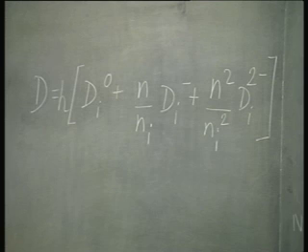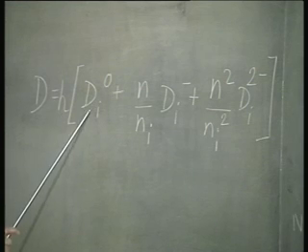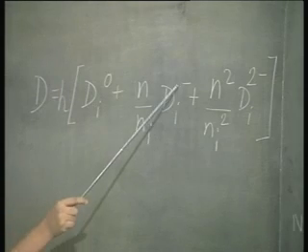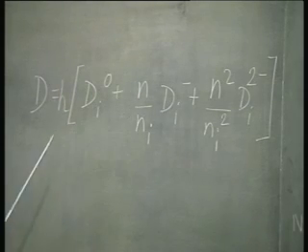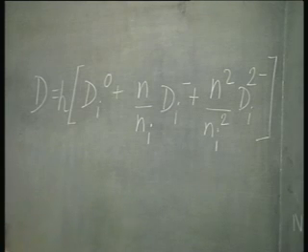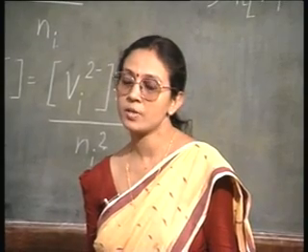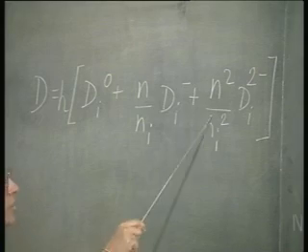In case of phosphorus, the diffusion coefficient is given by this, that is H, the field enhancement factor, then I have Di0, then I have Di minus multiplied by n by ni, and then I have Di2 minus multiplied by n square by ni square. Therefore, near the surface where the dopant concentration is very high, the dominating term is going to be this.